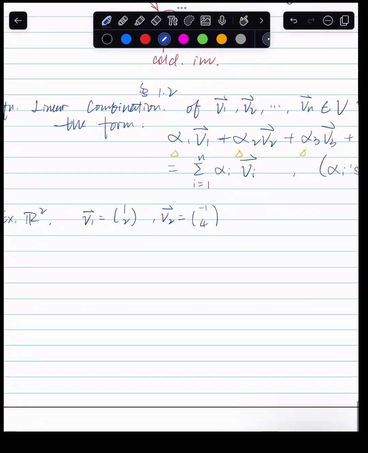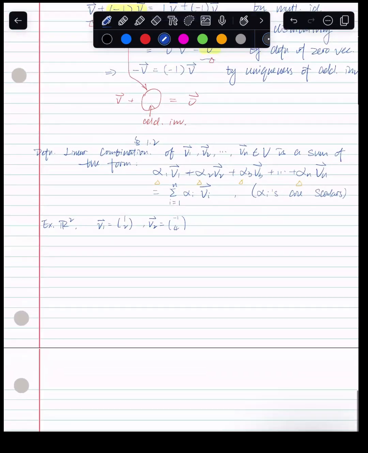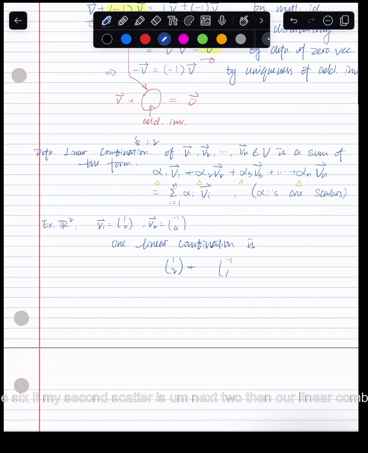One linear combination is some scalar times V1 plus some scalar times V2.